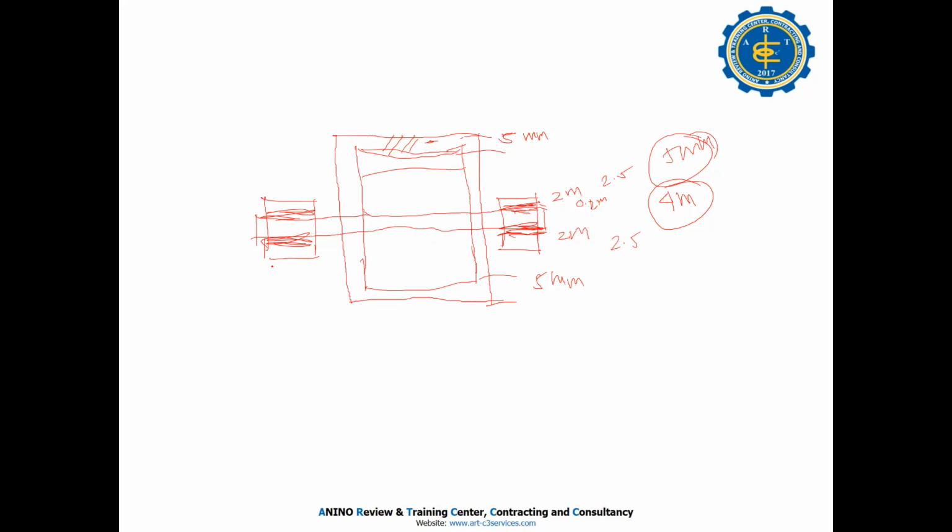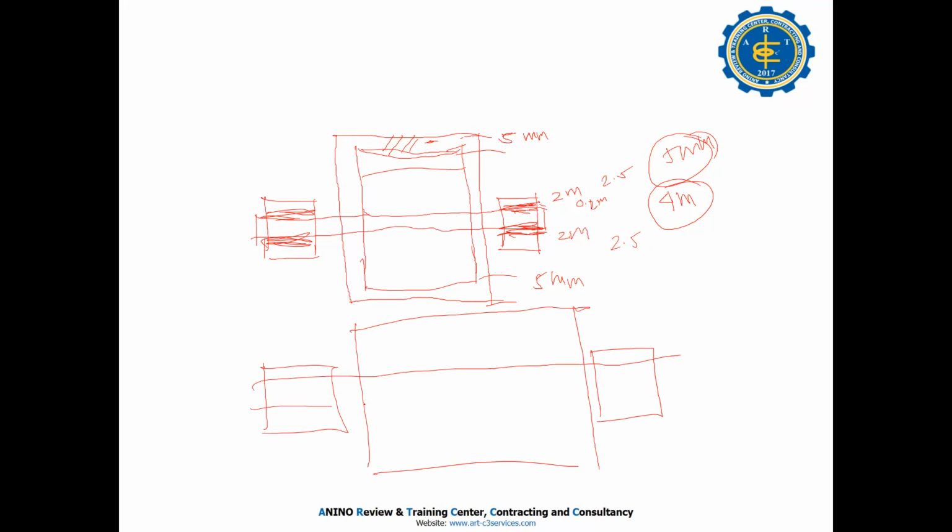You know, in your gas turbine, the bearing housing, this is the casing, and this is your rotor.